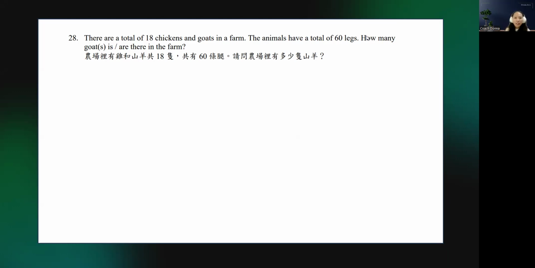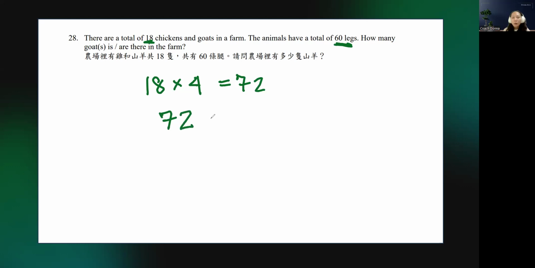For questions like this, you assume that the total 18 are all goats. So that's 18 times 4. 18 times 4 is 72. So you have 72 goat legs in total.